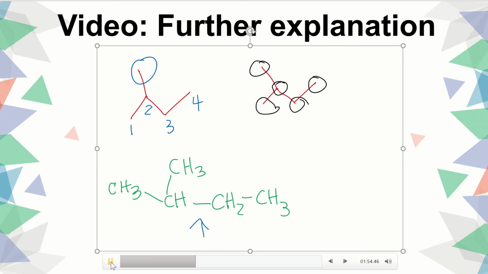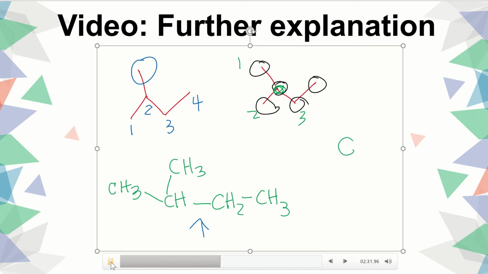The next thing that we must appreciate is that there are hydrogens present that we are not seeing in the line version. Let's go with green. For every junction, firstly we're looking at this junction, we have to identify how many carbon atoms are attached to it. We can say without a doubt that we have 1, 2, 3 carbons attached to it.